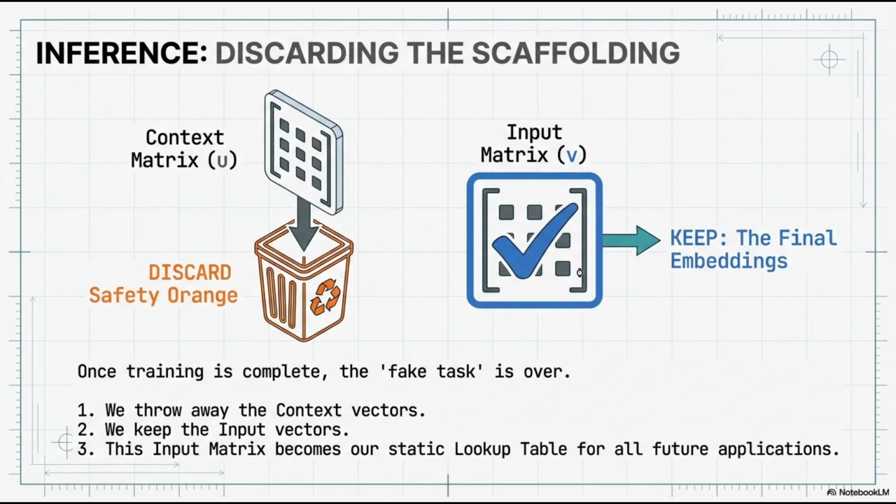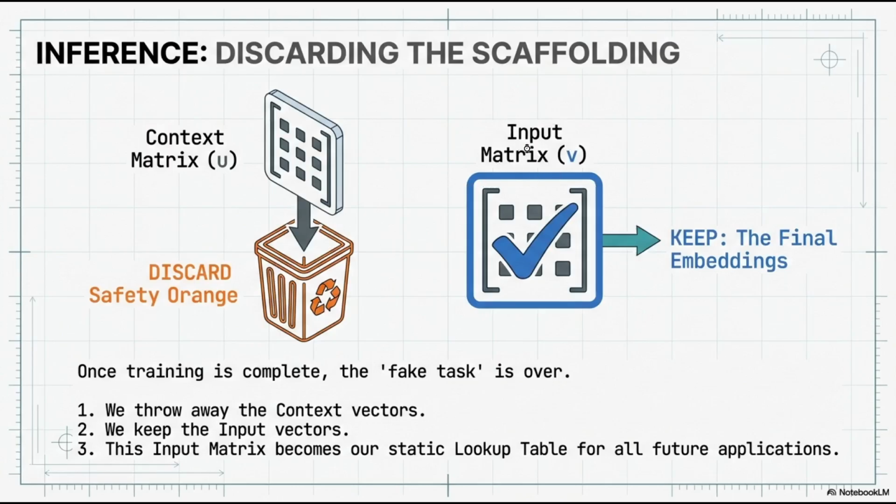And now, once the training is finished, we have these two matrices, the center vector and the context vector. What do we do? We throw away the context matrix. It was just a tool to help us learn. We keep the center matrix.